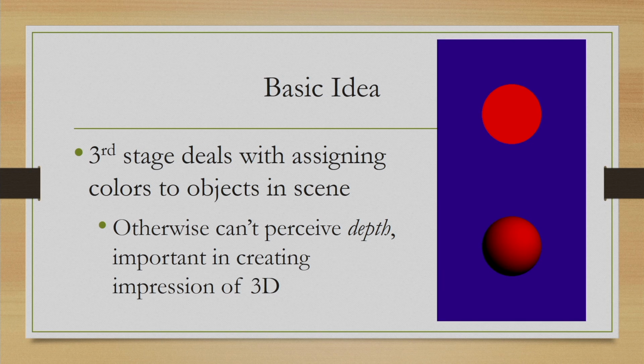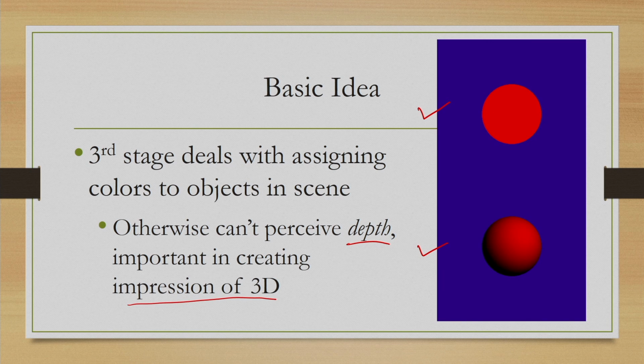Now, what is the difference between the top figure and the bottom figure? See, in the top figure we have assigned color, but in this figure we are unable to perceive the depth information. Now, this depth information is very important to create an impression of 3D.